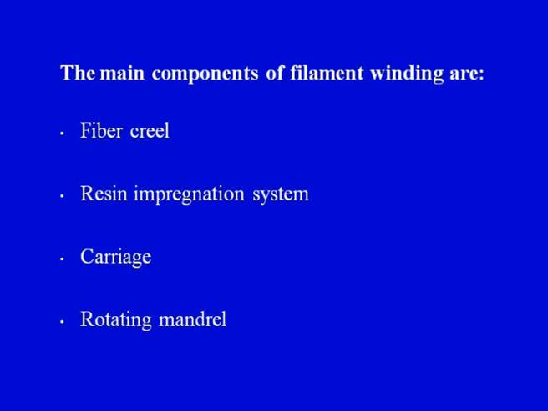So, the main components of the filament winding machine are the fiber creels from which the fibers are coming, the resin impregnation system where the fibers are getting impregnated with the resin, and the carriage which has a linear movement and which is the final point from where the fiber is going towards the rotating mandrel. We have seen that the rotating mandrel is also equally important.